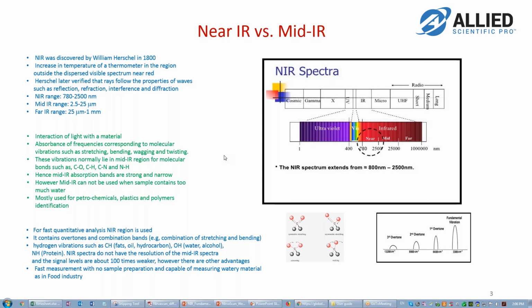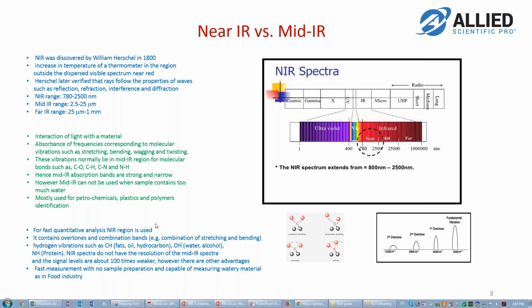So normally for the food industry, for example, where materials have water in them, mid-IR is not recommended. Mostly, mid-IR is used for petrochemicals, plastics, and polymers identification, and mostly for qualitative analysis rather than quantitative. So for this reason, we use the near IR region.